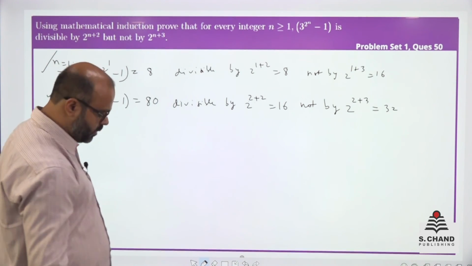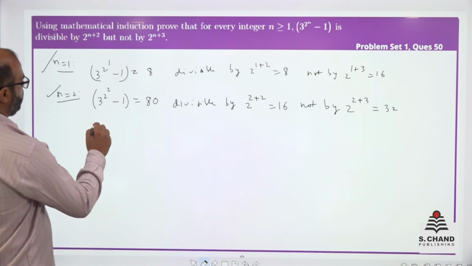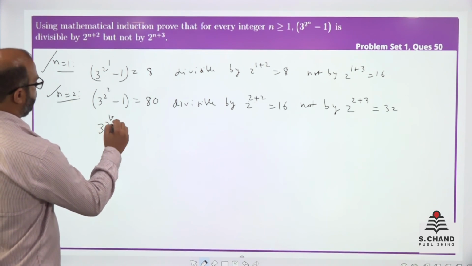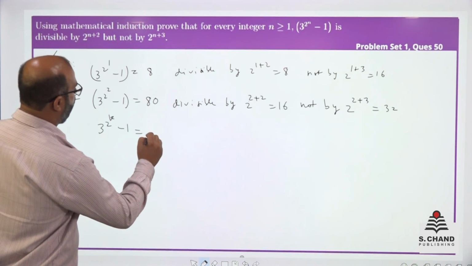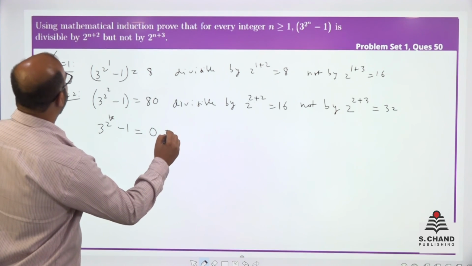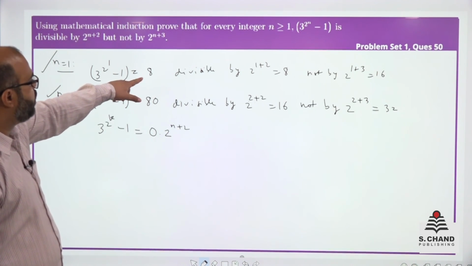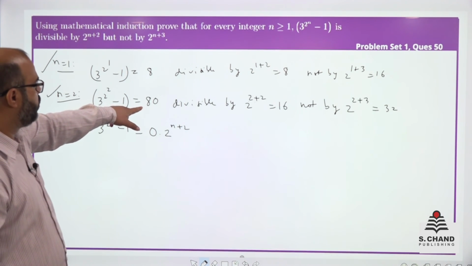One more thing which has been observed here, that 3 to the power 2 to the power n minus 1 is actually an odd multiple of 2 to the power n plus 2. Like here it is 1 into 2 to the power 3, here it is 5 into 2 to the power 4.